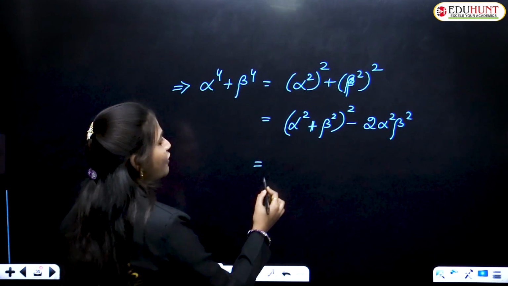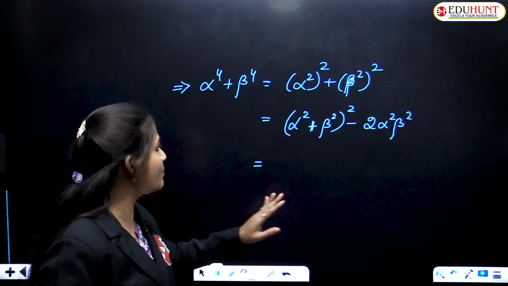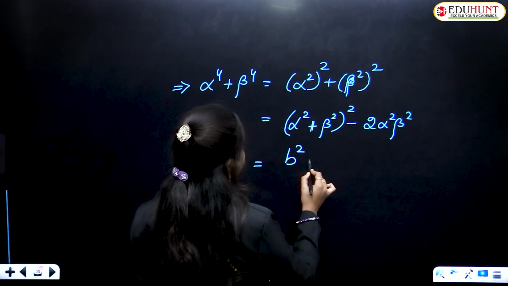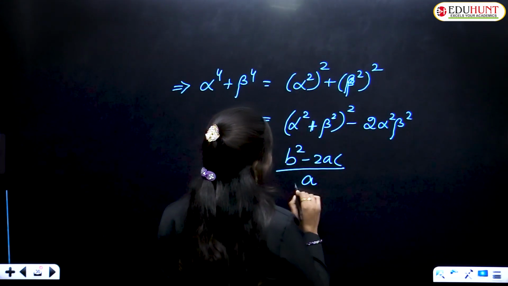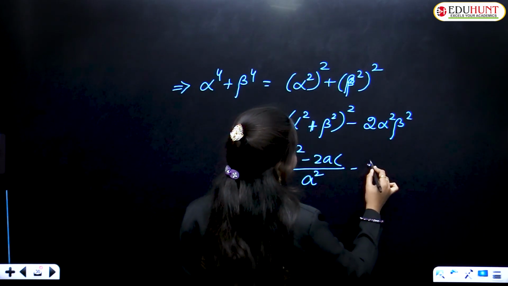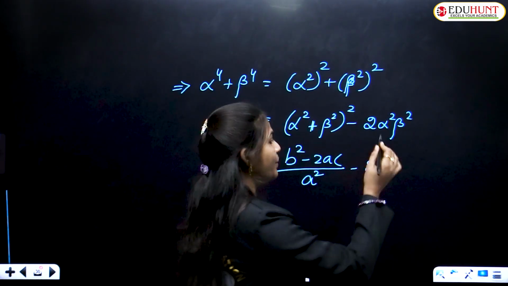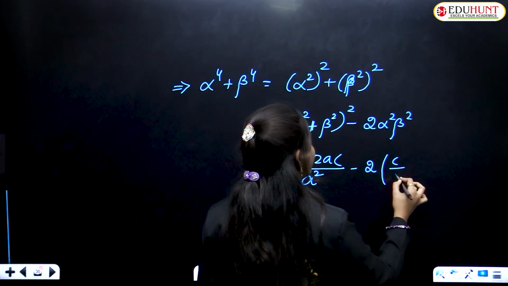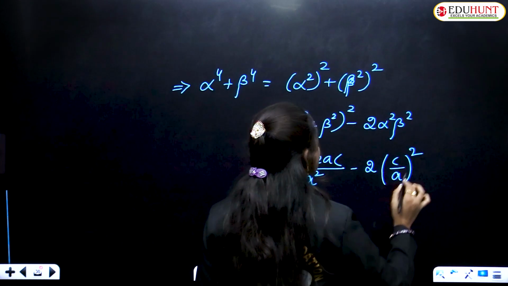So here alpha square plus beta square, already we know the value of that. What is that? b square minus 2ac by a square. Minus 2 into alpha square beta square, which is equals to alpha beta whole square. So alpha beta means here product of the roots only, no? So 2 into c by a whole square.